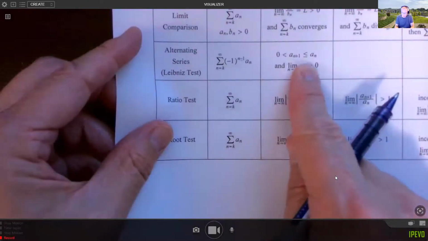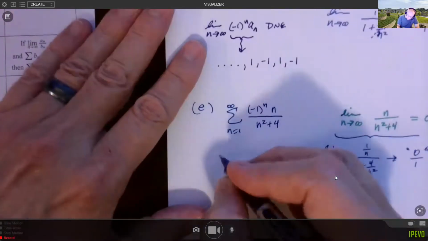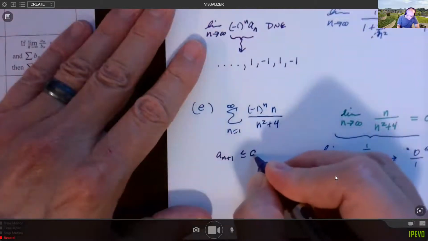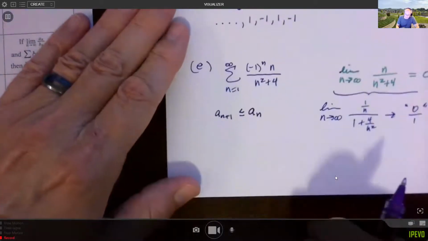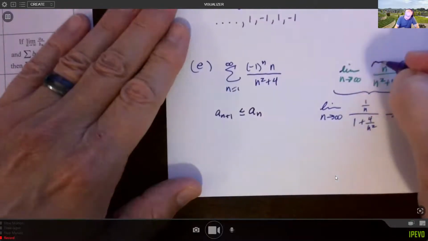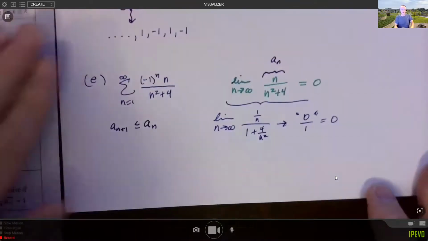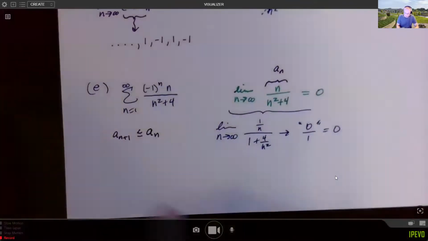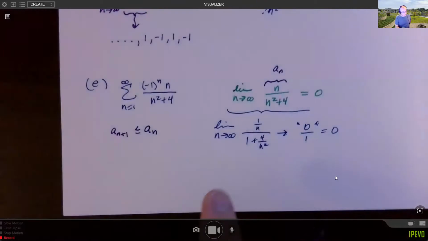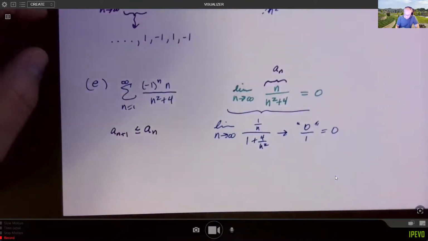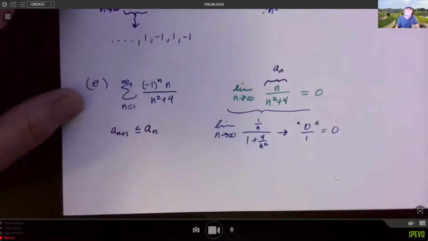Well, is this also true? Is a sub n plus 1 less than or equal to a sub n? Okay, and again, I'm calling the a sub n the n divided by n squared plus 4. So is this true? Is it decreasing? I think most of you can probably ascertain that it is, and there's a variety of ways we can do that.